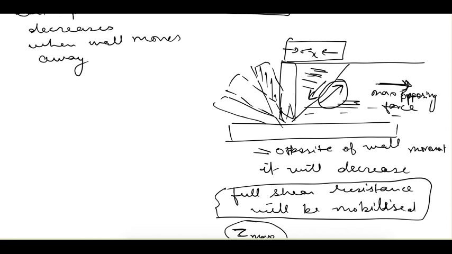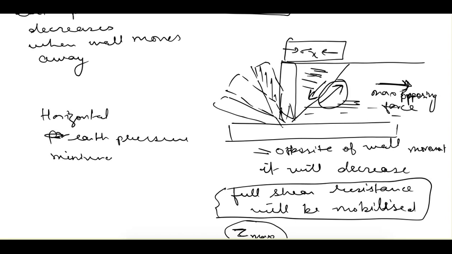At this point this horizontal pressure, or the earth pressure, is minimum, and this minimum earth pressure is called active earth pressure.